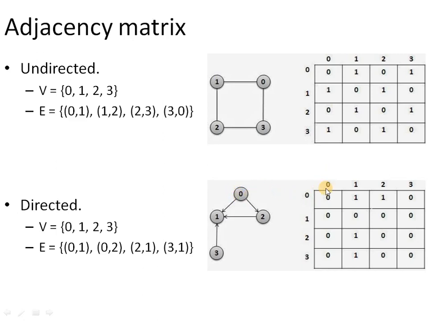Similarly, the column corresponding to vertex 0 has only 0 entries. That means there is no edge coming into vertex 0, and hence its in degree is 0. That means the column sum, or the non-zero entries present in the column corresponding to a vertex, will give us the in degree of that vertex.